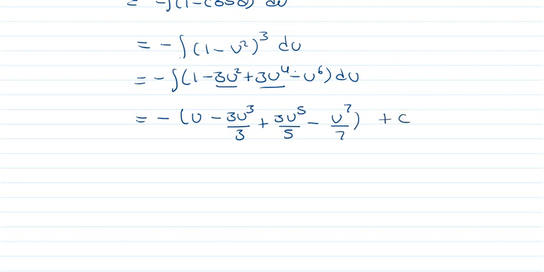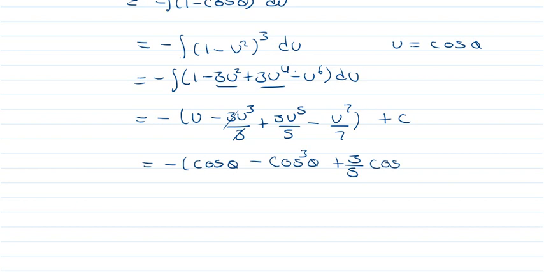With this, we said u is equal to cos theta. So we can replace in our equation, meaning we are going to have negative cos theta minus 3 and 3 will go. So we're going to have cos power 3 theta plus 3 over 5 cos power 5 theta minus 1 over 7 cos power 7 theta.